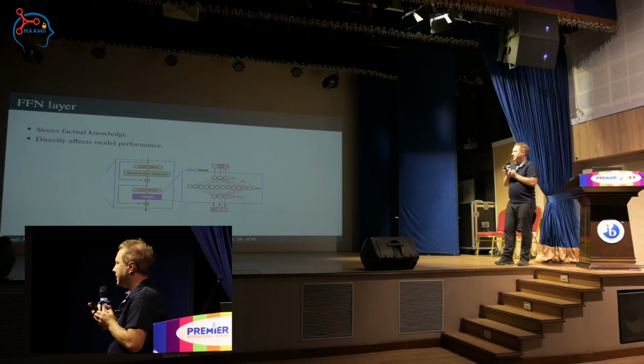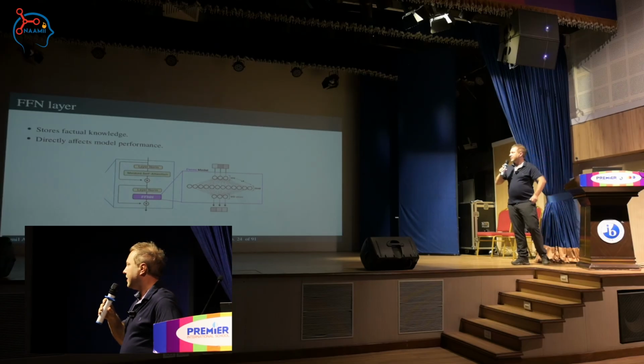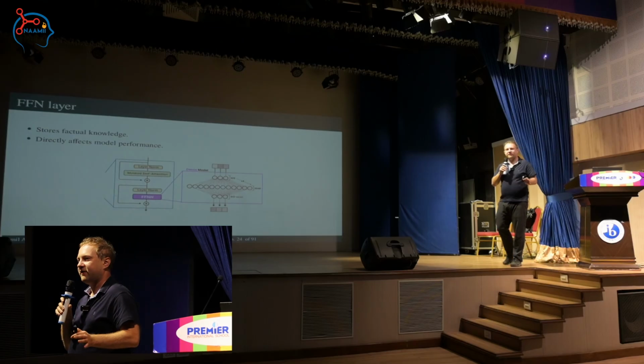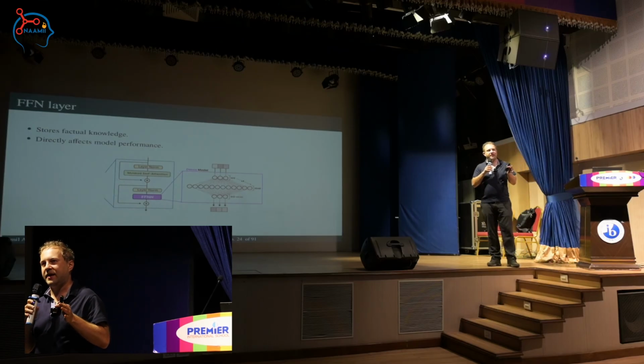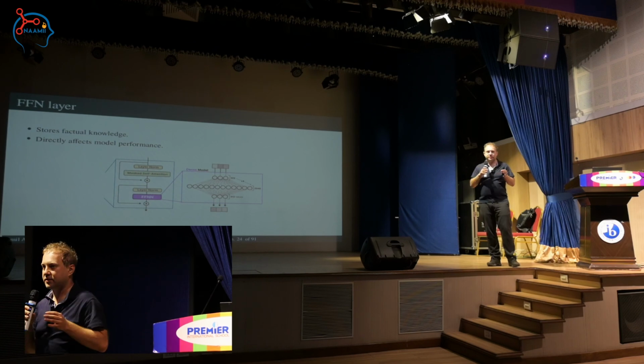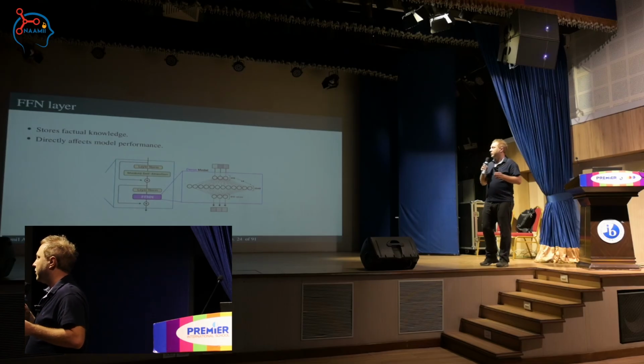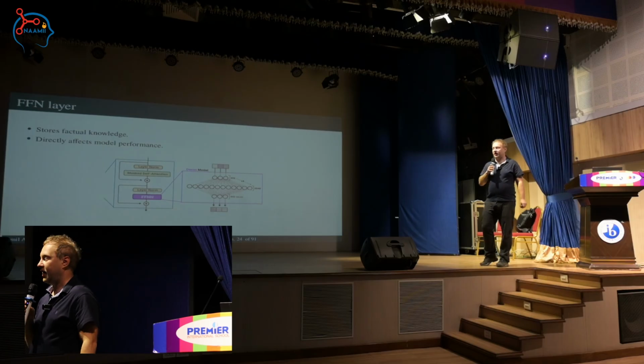So this is an FFN layer, and this FFN layer in a transformer is in general the biggest layer in terms of the number of parameters. So it stores basically the most parameters. It stores, we can say, the most factual knowledge, and it directly affects the model performance.